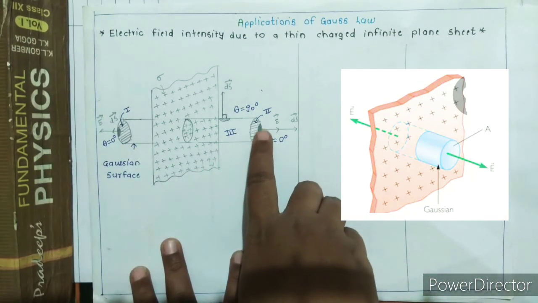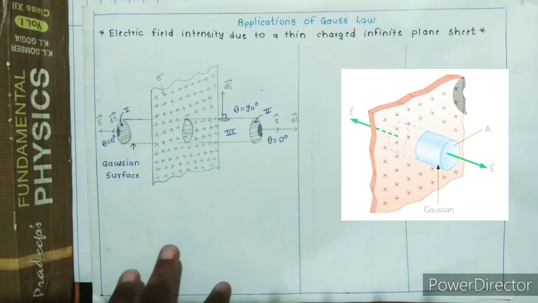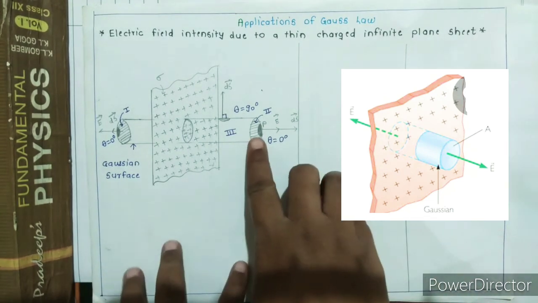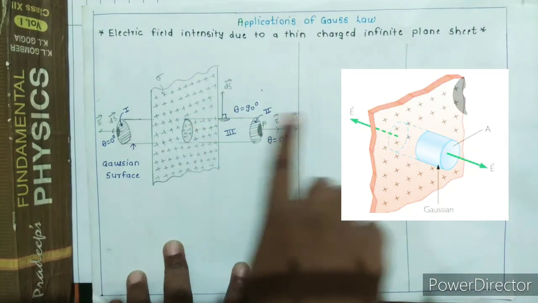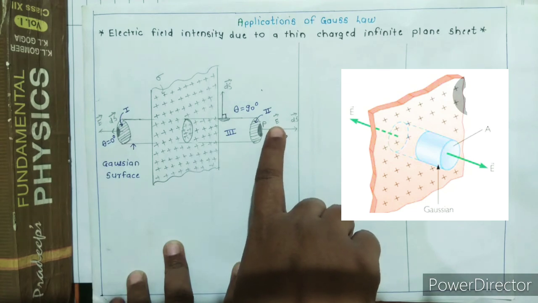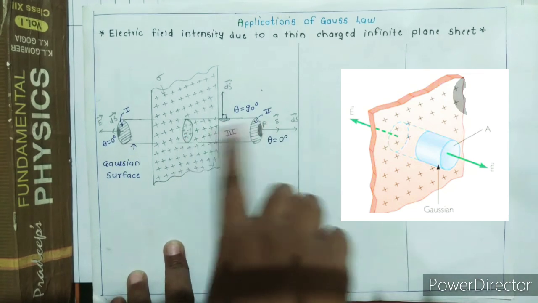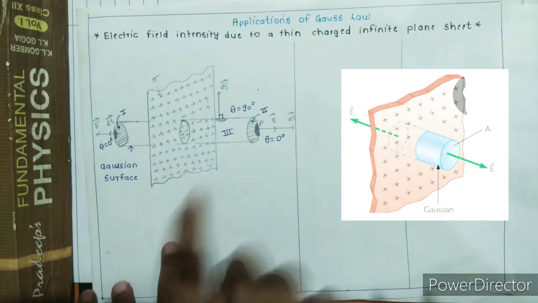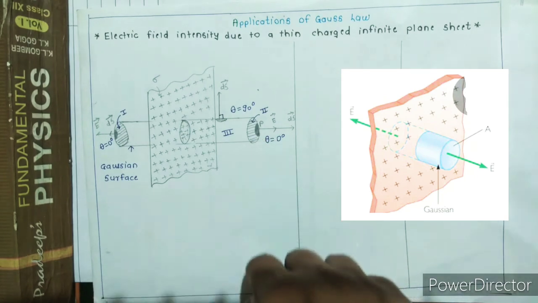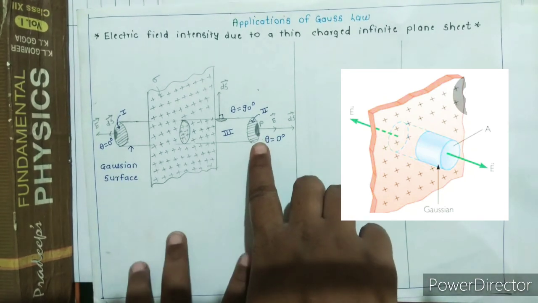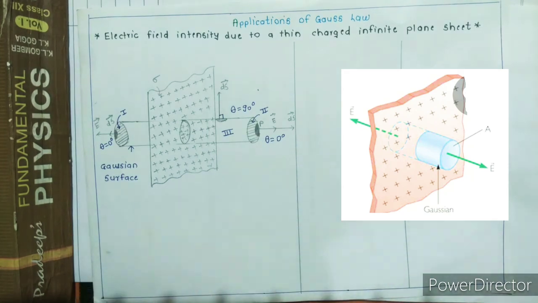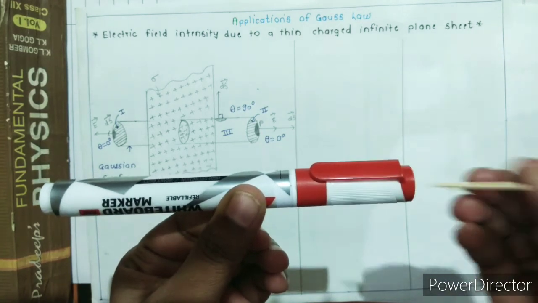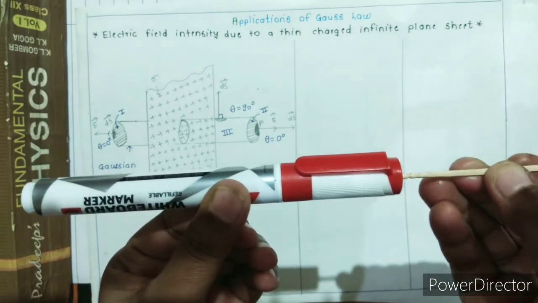This is a point P at which I have to find the electric field intensity, and as we know, the positive electric field intensity's direction is radially outward, and the magnitude is same, that is E. Now area vector, as in the previous derivation we have also seen, this is a cylinder, area vector will be like this, and electric field lines are also like this.